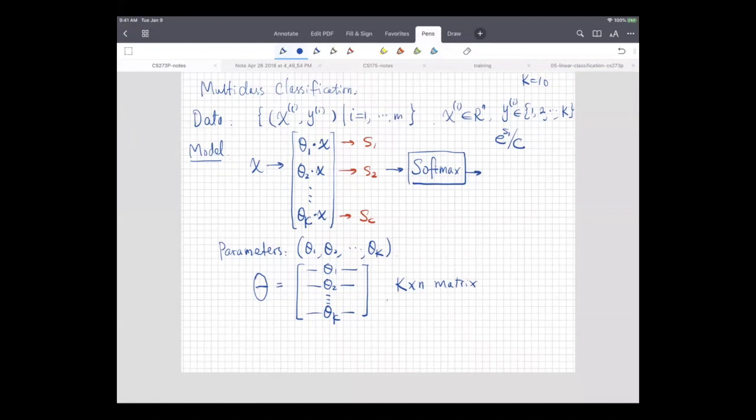So I make my job easier. I convert to exponential of S1 divided by a constant, then the second one is exponential of S2 divided by a constant, and the last one is exponential of SK divided by a constant. This C here is a normalization constant.